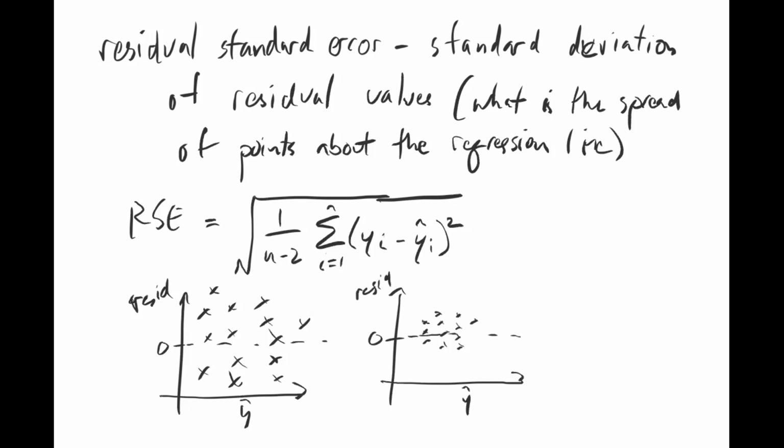I sort of tried to draw the same points between here and here, but the points are all tighter around 0. Imagine it was the same data set and you're running 2 different models, and one gave you residuals that look like this on the left, and one on the right.